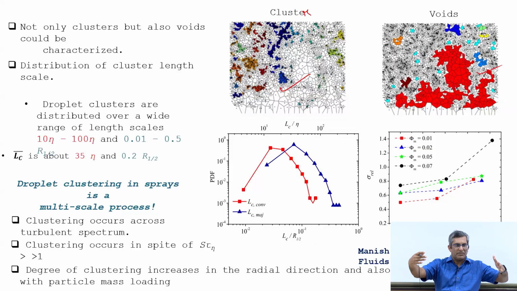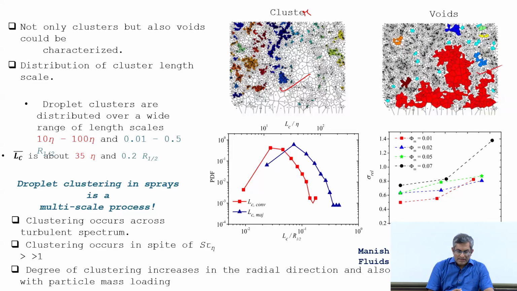We cannot say that it is completely devoid of droplets, but the number density is much smaller because the droplets have moved away from the voids and accumulated in the clusters. So the characteristic size of the voids can also tell us about the physics of the problem. Okay, so we can measure that.